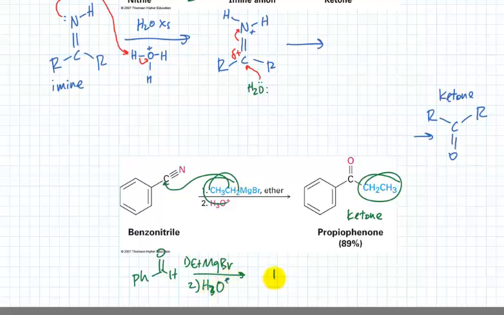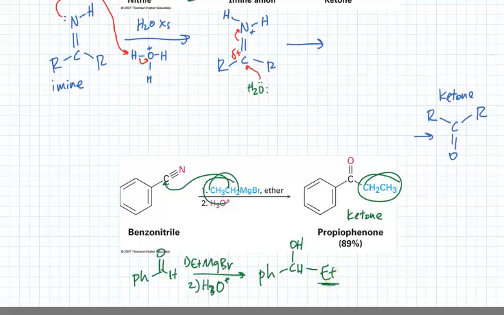What we end up with is an alcohol, CH, and then the ethyl.